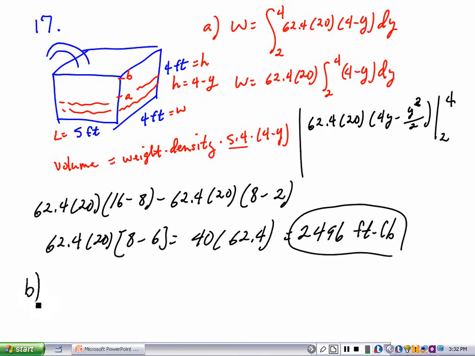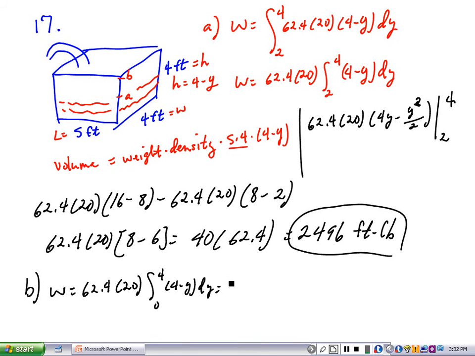Now part B, they want you to empty all of it, so the integral just goes from 0 to 4. So the work is 62.4, you got the 20 out there, and I go from 0 to 4 of 4 minus y dy.